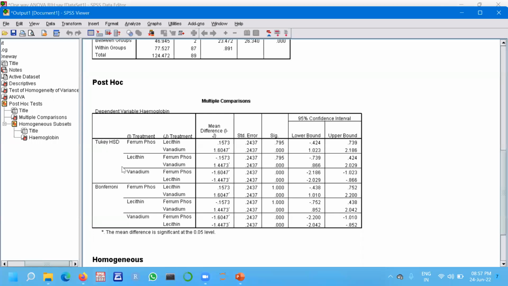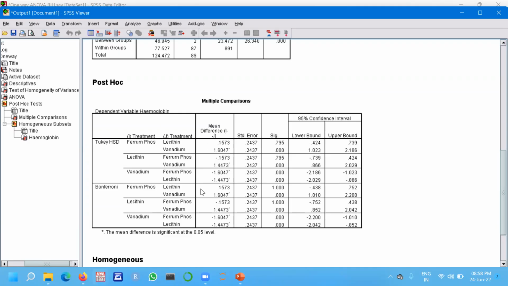Vanadium and lecithin, the difference is significant because it is less than 0.05. So this is how we need to compare. Now vanadium and ferrum-phos, there is a significant difference, isn't it? See, the p-value is less than 0.05.